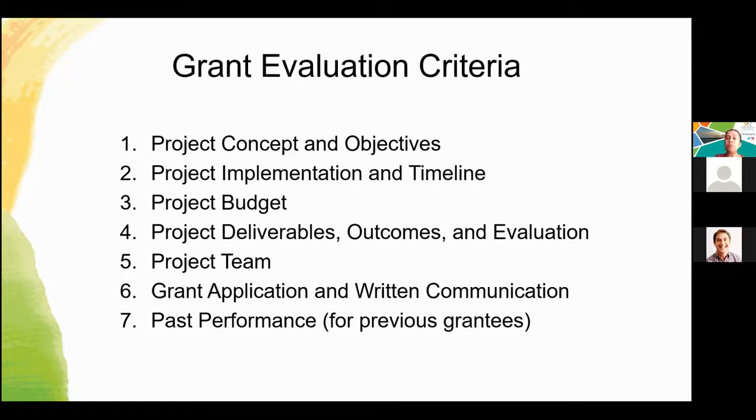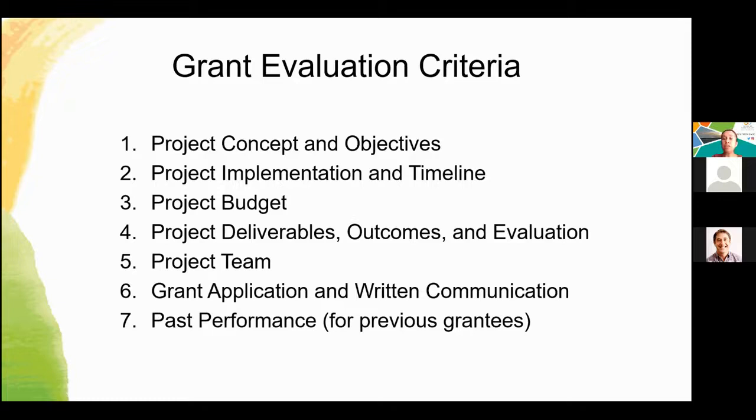Project deliverables, outcomes, and evaluation. Are the project deliverables and outcomes clearly stated, specific, realistic, reflective of the success of the project, and when appropriate, measurable and quantifiable? Project team. Are the management, staff, and volunteers qualified and experienced to implement the project and achieve the stated objectives? And lastly, grant application and written communication.